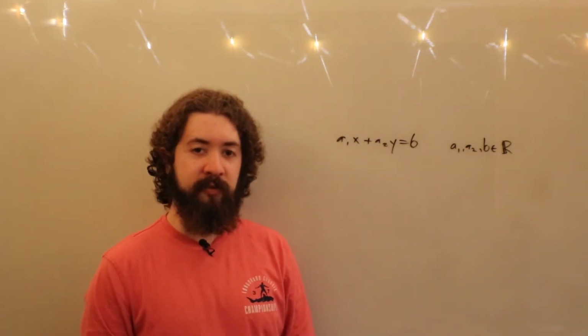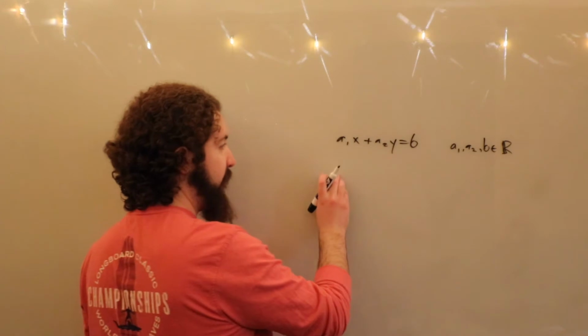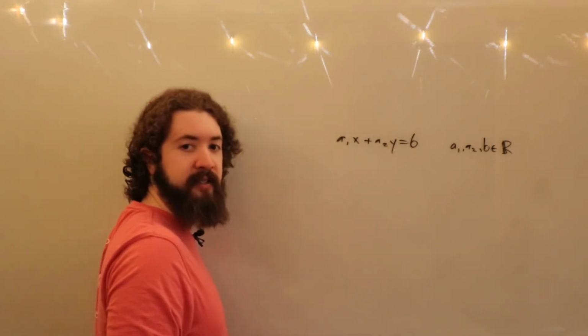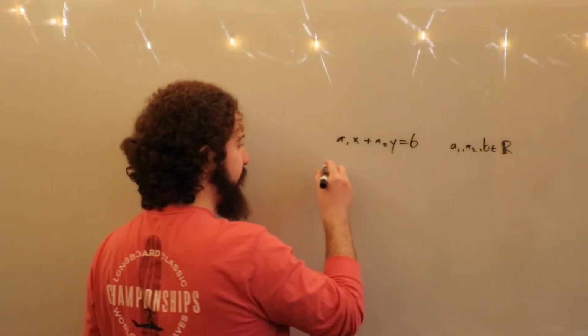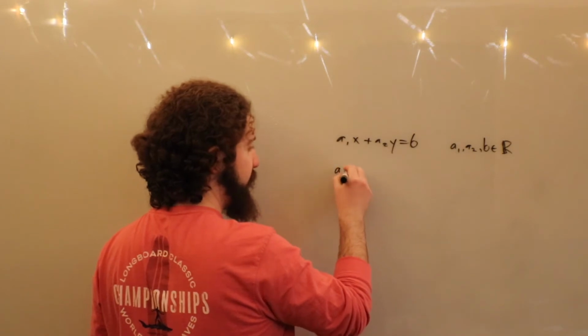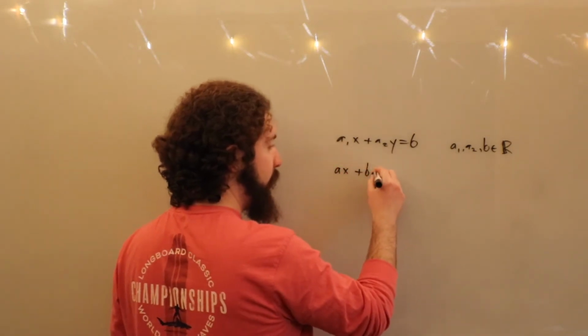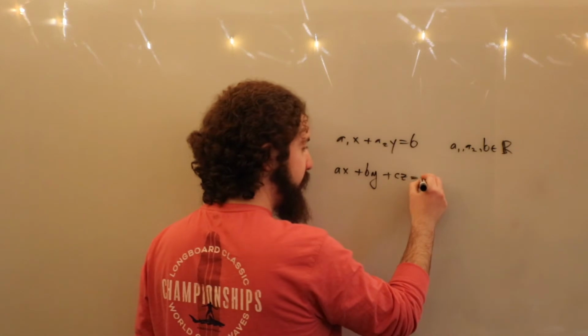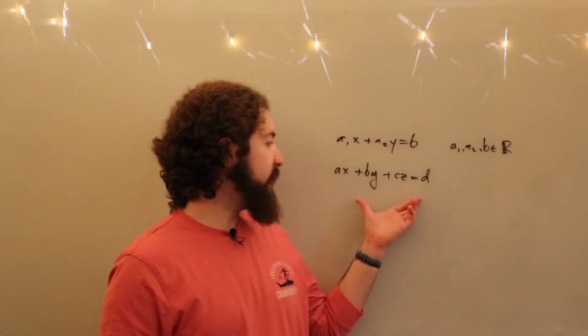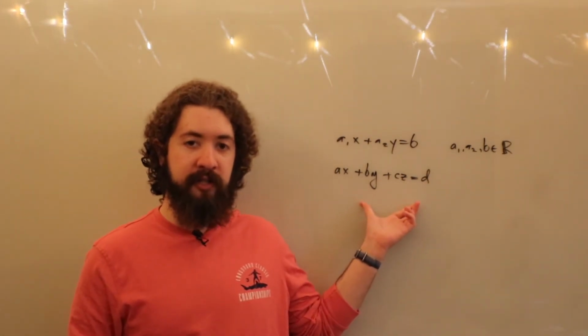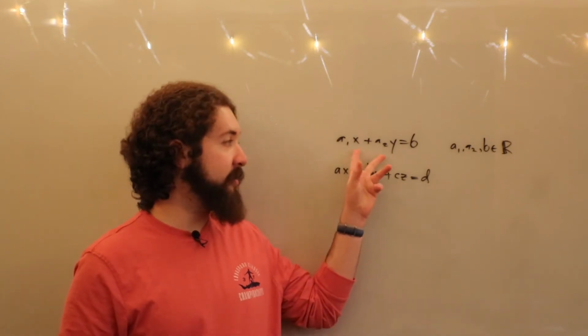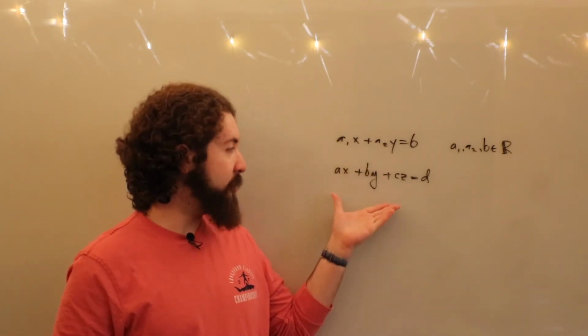Let's generalize a little bit further. Suppose we have, instead of 2 indeterminates x and y, 3 indeterminates x, y, and z. Suppose we have ax + by + cz = d. This, I'm claiming, is also a linear equation, but in 3 unknowns instead of 2. And what does it represent?